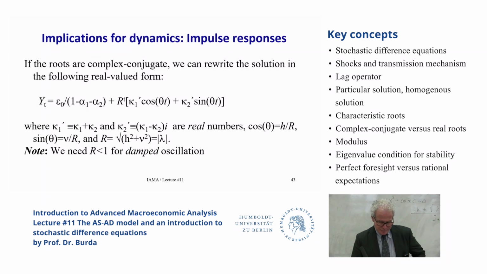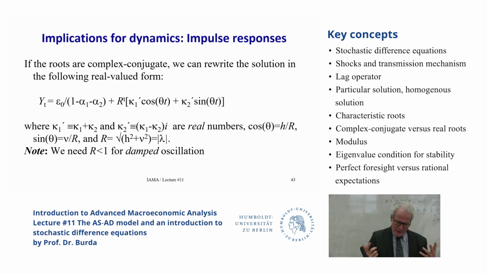Okay. I don't want to spend too much time on this, but this is extremely important. If you take what I just derived and write it in terms of the sine and cosine functions, you end up getting something like this.